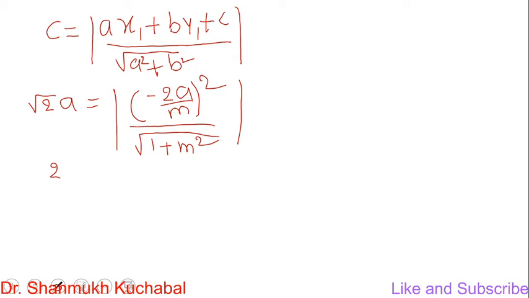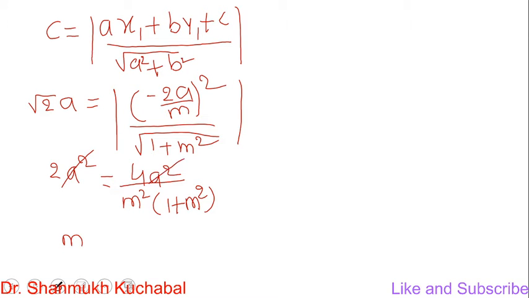So 2a square equal to 4a square divided by m square into 1 plus m square. Further we simplify and get a biquadratic equation. Here a square cancels, so we get m raised to 4 plus m square minus 2 equal to 0.